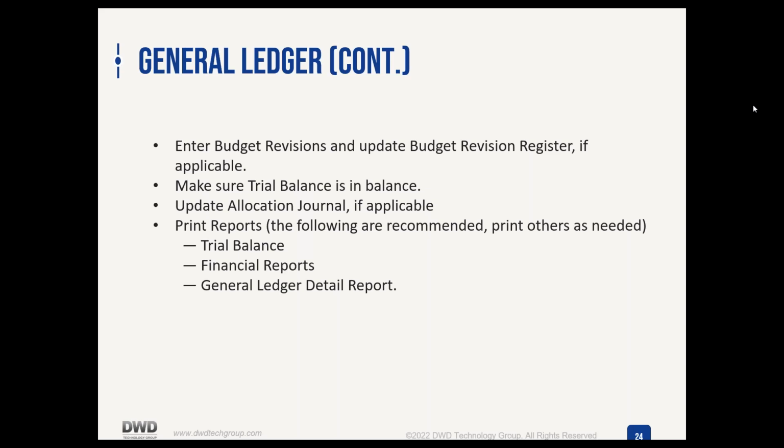Some of the common reports, obviously these are just recommended, and you certainly can print any of the other ones that you would want or need. Certainly want to get a trial balance report. You certainly want to run your financial reports, balance sheet, income statement, statement of cash flows if you need that. And then if you want to run a general ledger detail report, I know sometimes accounting firms request something of that nature.